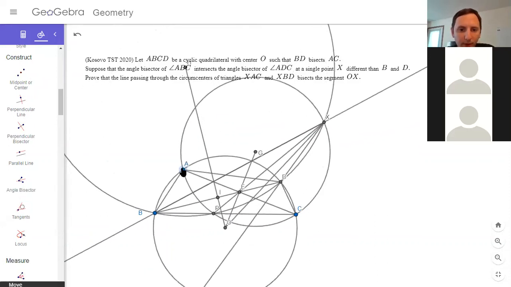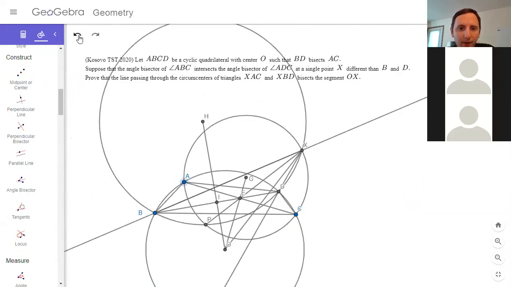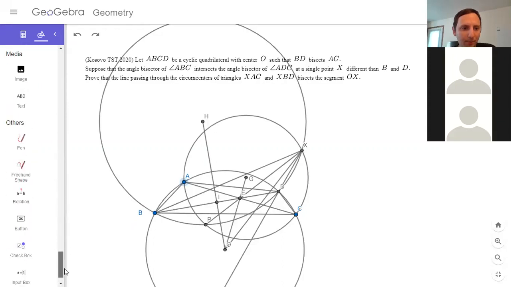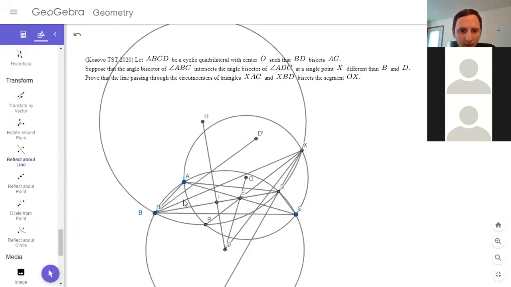I was trying to draw the B median, but I realized BX is defined to be the angle bisector. I think it is, yeah. So basically we just want to reflect BD over BX. Okay, so that's the B median.